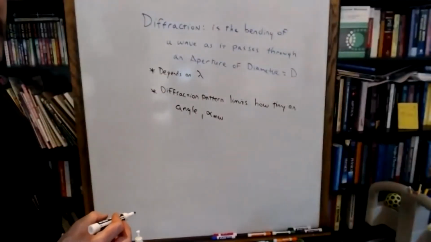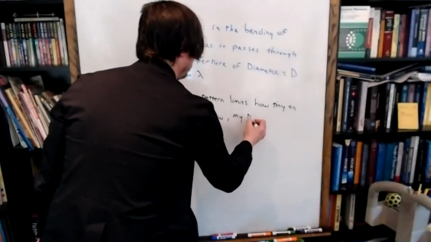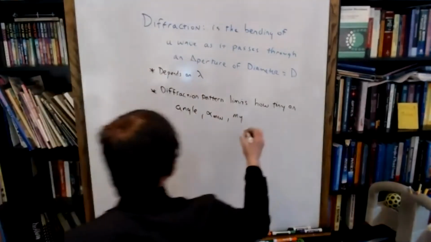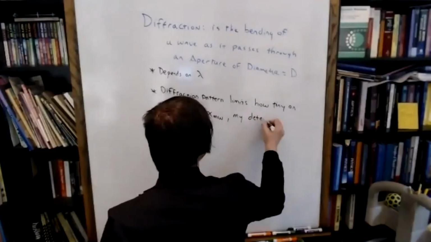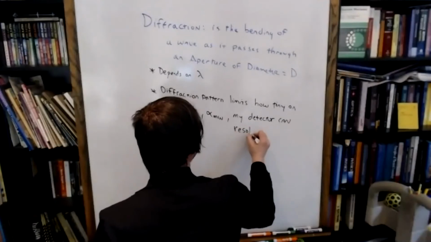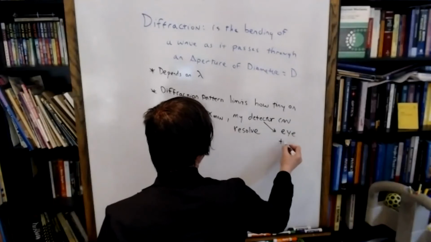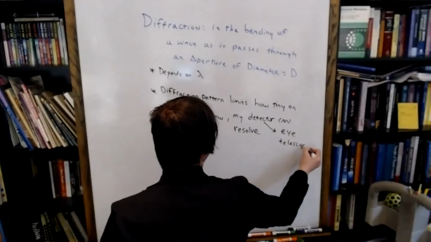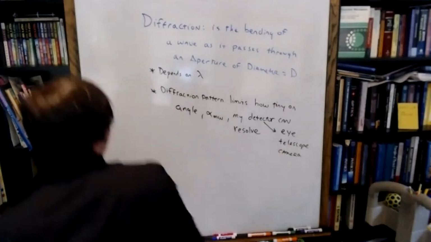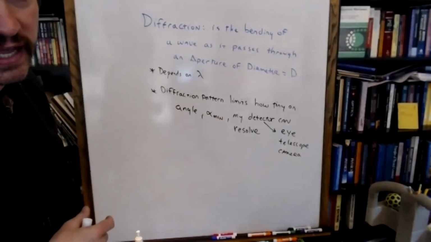Diffraction patterns limit how tiny an angle alpha min my detector can resolve. And by detector, I could mean the human eye, I could mean a telescope, or even the camera that's allowing you to watch this lecture today. This camera has a diffraction limit, just like any other optical system.